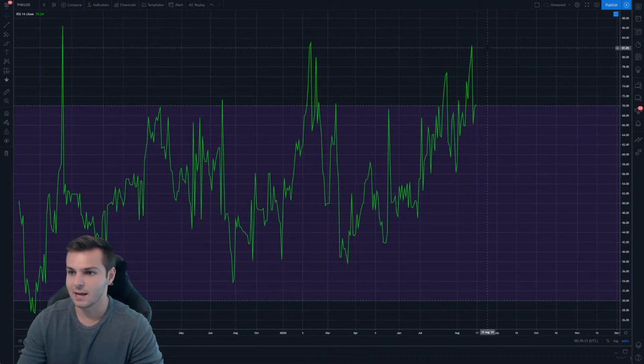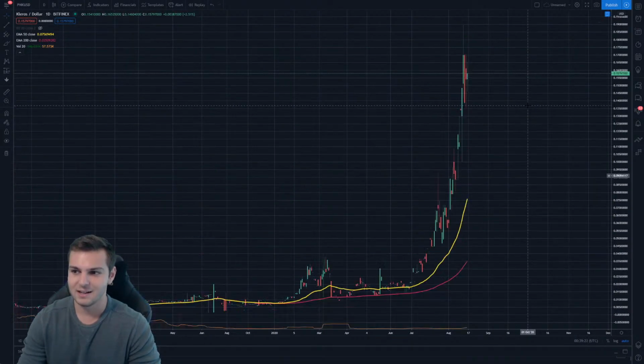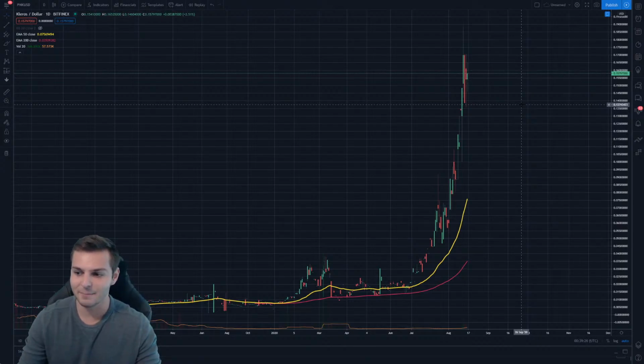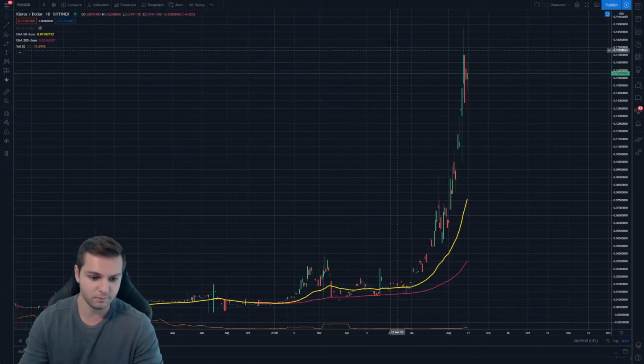And the RSI is starting to fall off as well, just breaching back into that neutral territory, just barely. Keep an eye on it. I hate to say it, but there's no straight up answer of what I expect to happen. It looks like it wants to retrace, but everything in the DeFi space looks like that, and it just keeps ripping.